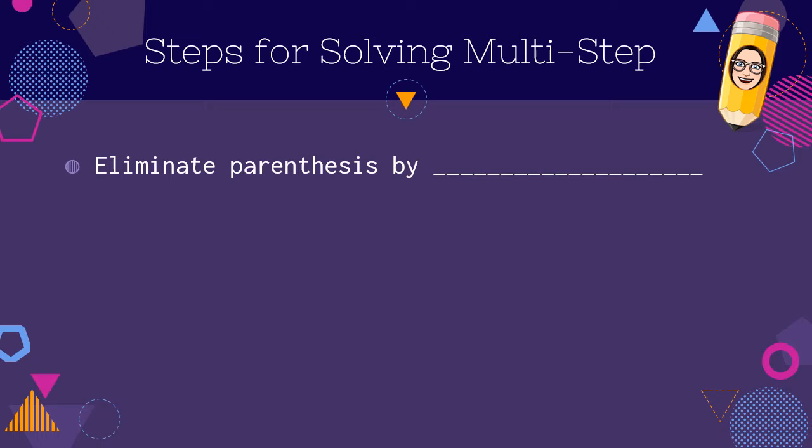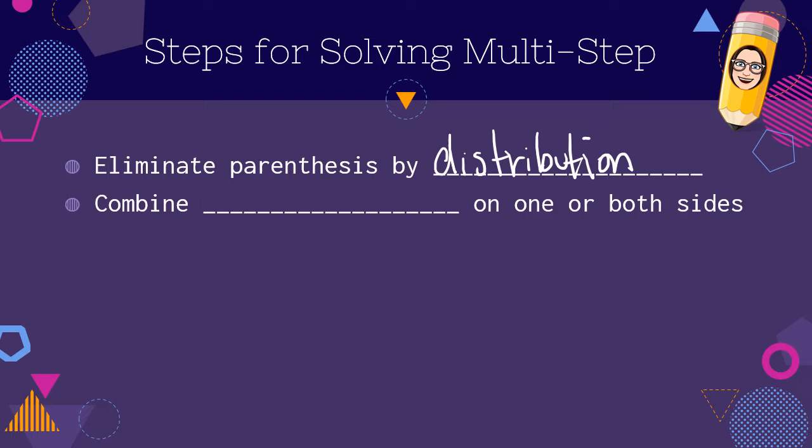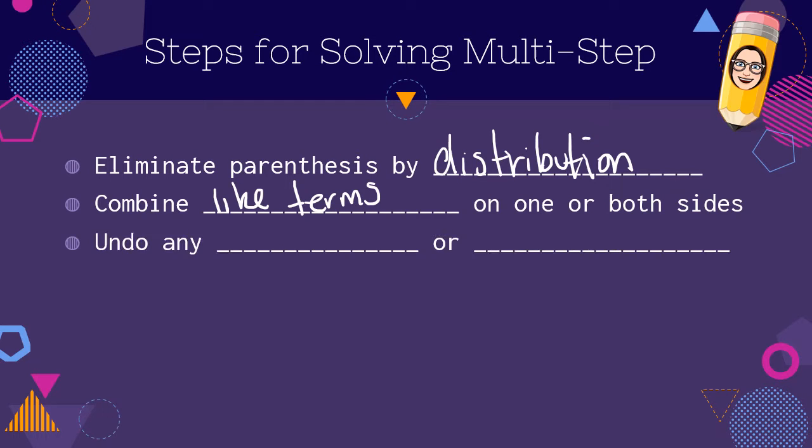So again, the first thing we've been working on for quite a while is eliminating parentheses by distribution. We're then going to combine like terms on one or both sides. And as we've been doing for a few weeks now, we're going to undo any addition or subtraction.